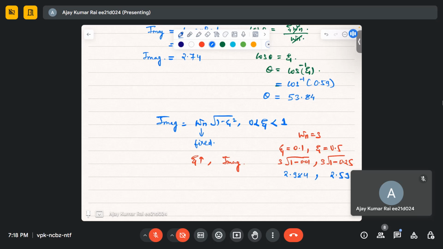These are two values, right? So which one is greater? This one is greater, right? Yes, sir, this one is greater.